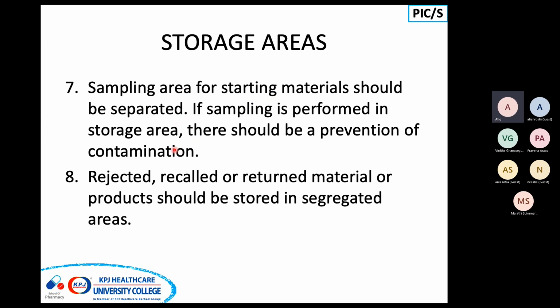That means here sampling area means before you can use the starting materials or raw materials to start your production, the QC department will normally take a little bit of it to run some tests, okay, and then the result will be compared with the certificate of analysis given by the suppliers to make sure that it complies or is within spec, okay. And that requires some sampling with the raw materials.